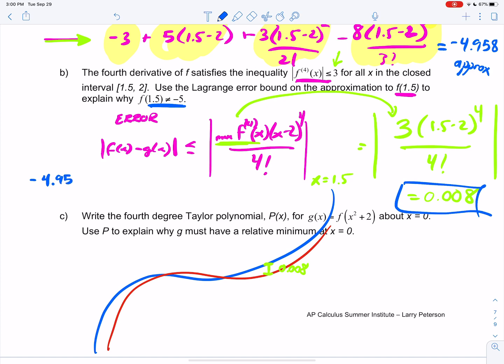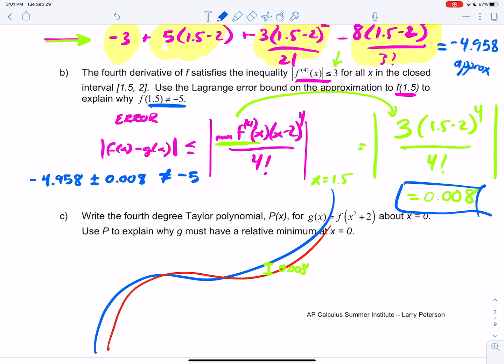What you do is, regardless if I take my negative 4.958 and if I add or even subtract the 0.008, I will not get negative 5. It's impossible. So even if I factored in my error, there's no way that that's going to add up or subtract out to negative 5.